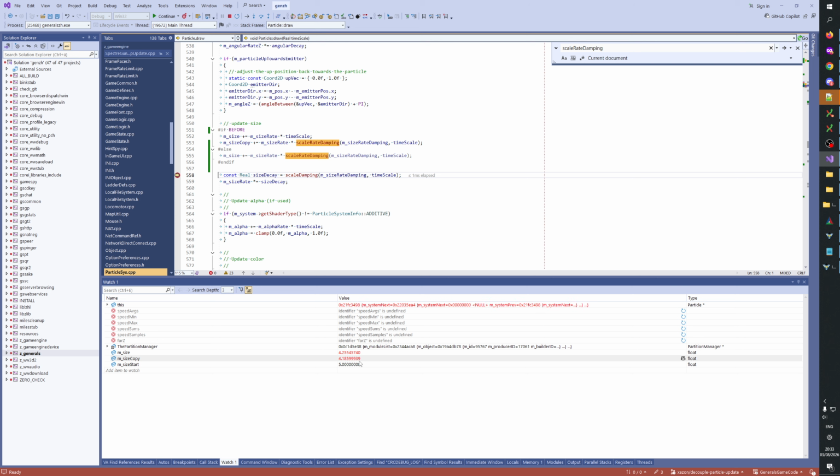So the question now is which one is correct then? Is one correct or the other? Here we have a bit more than 0.1. Yeah. Okay, so how do we know which one is correct then?